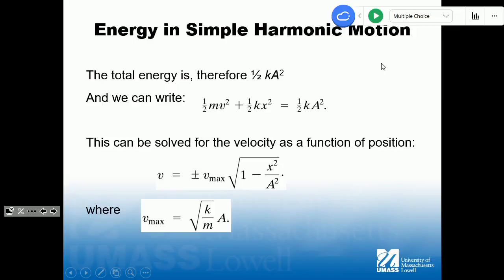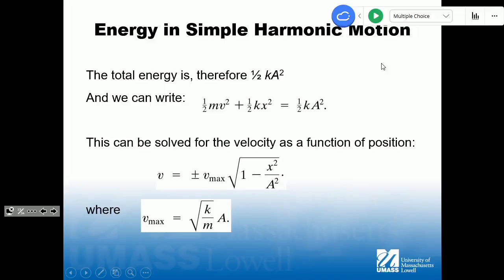That total must equal 1/2 kA squared, because all we're saying is the sum of potential plus kinetic at any point in this object's motion is the total energy of the object. So you can solve that to get a v max, which is the velocity of the object at equilibrium. Don't worry about the algebra. I do not expect you guys to do the algebra on this. It's just there for completeness.